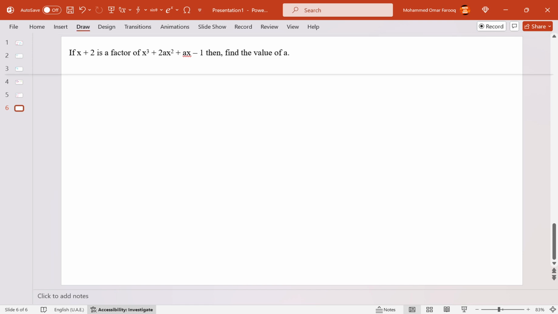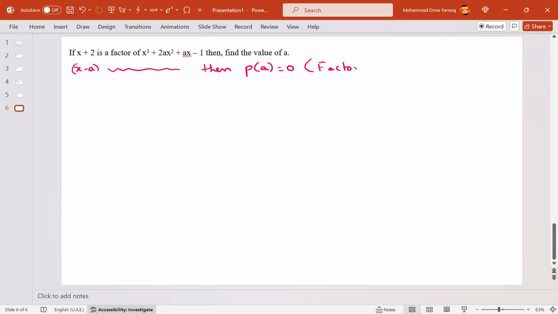Shall I write it directly now, because we have already studied the factor theorem? In the factor theorem, if x minus a is a factor, then p of a is equal to 0. You have to state the theorems and the laws you have used if you want 100 out of 100.